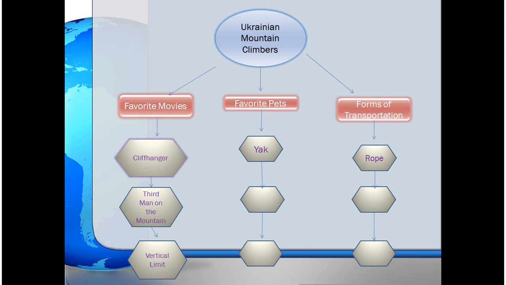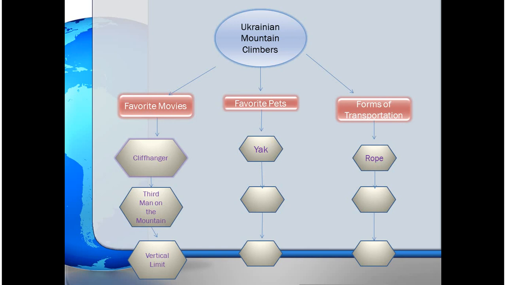If I were to develop a concept map for my Ukrainian mountain climbers, it might look like this. I might be interested in what their favorite movies are. What movies do they like to watch the most? And I might be interested in what their favorite pets are. What pets do most Ukrainian mountain climbers like to have? And then finally, forms of transportation.